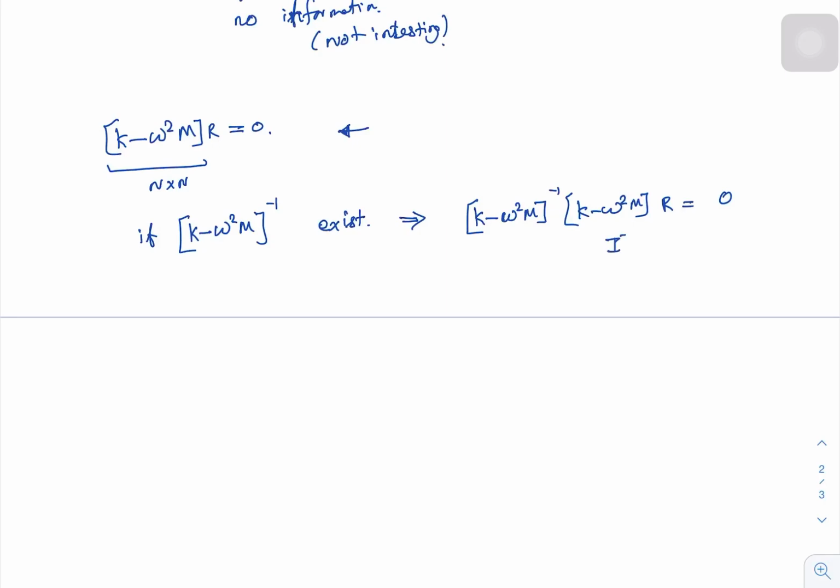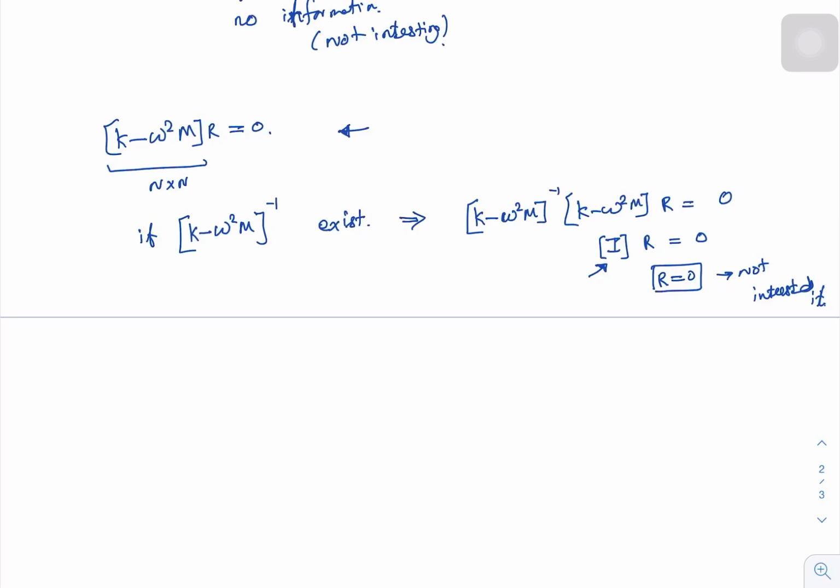So this becomes I r equal to 0. Still I am getting r equal to 0, so I am not interested in it. Therefore, if this inverse doesn't exist, I won't get this I, I will get some matrix, so it is possible to get some non-zero r.